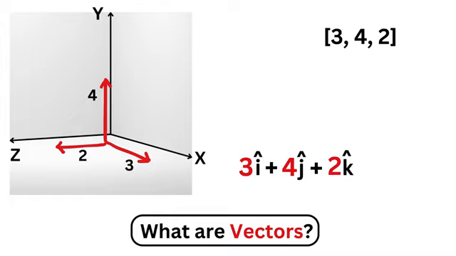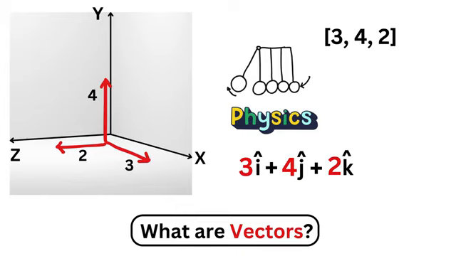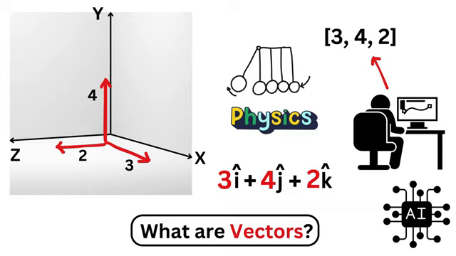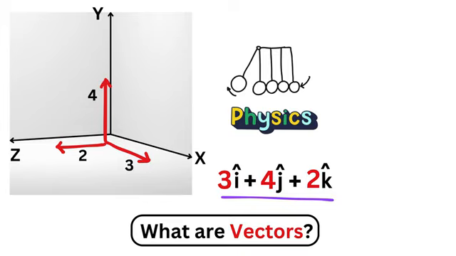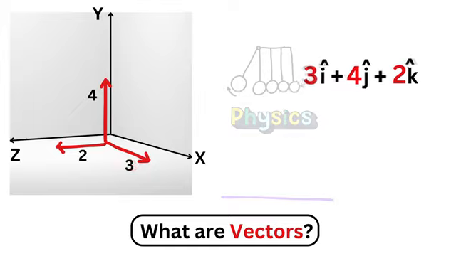These are just different ways of writing vectors, and the choice depends on the context, like physics and engineering often use i, j, and k hats, while computer graphics might just use x, y, and z. From now on, we will be using i, j, and k hats to make things easier. No matter the notation, they all describe movement in different directions in space.